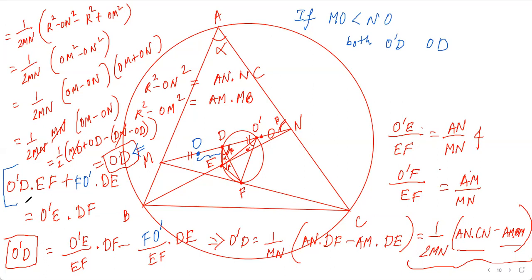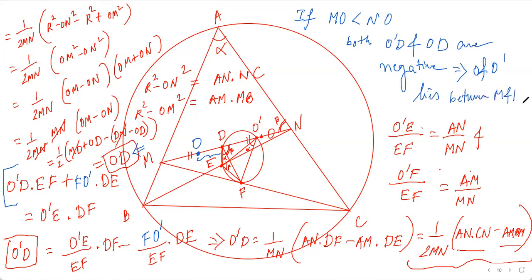All I'm saying is that the distance from O' to D is equal to the distance from O to D. If they both are positive, that means they lie between D and N, and if they both are negative, that means they lie between M and D. So if MO is lesser than NO, then both OD and O'D are negative, and that implies O and O' lie between M and D. Similarly, if NO is greater than MO, then both are positive, so they are on both sides. So just try to check the sign.